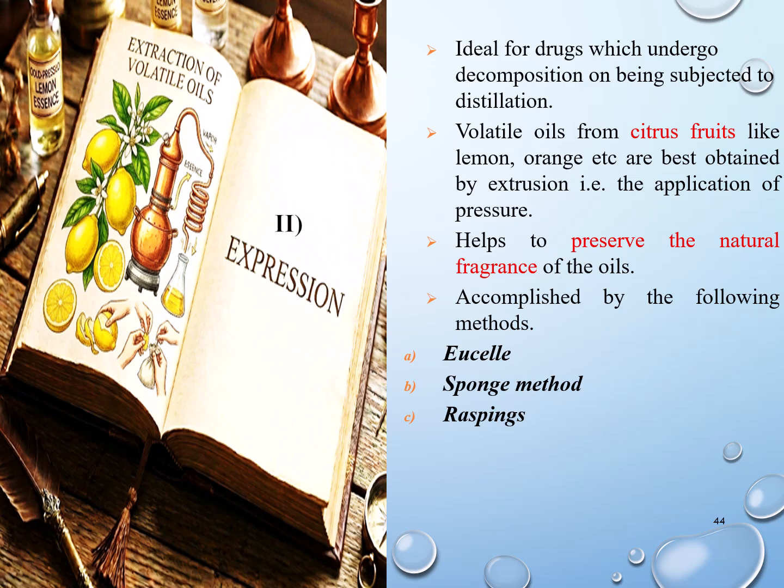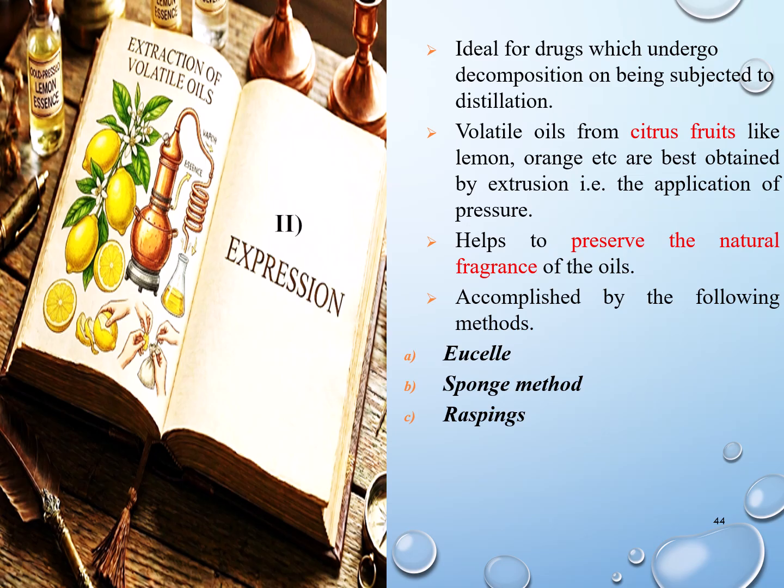And expression methods are of different types. That is, first one, Useley method, sponge method, and rasping method. So once more we'll see, expression method is mainly used for those drugs which are thermolabile in nature. That means those drugs which undergo degradation on contact with heat.